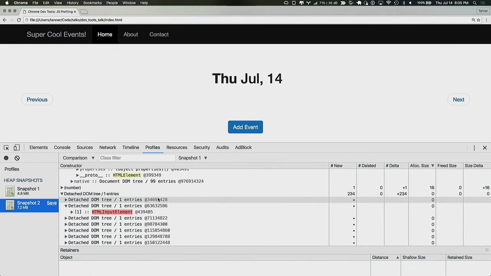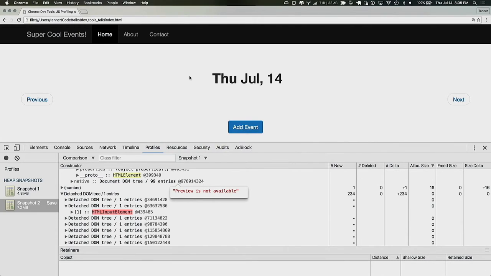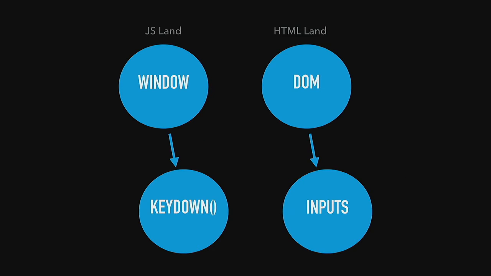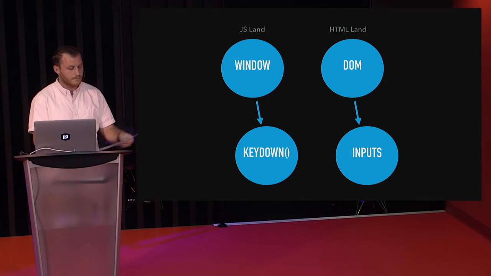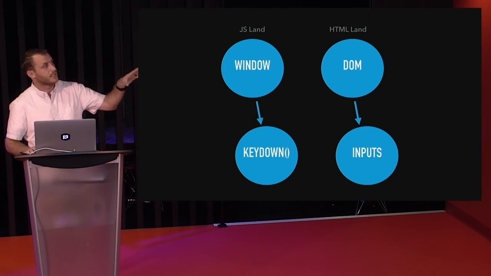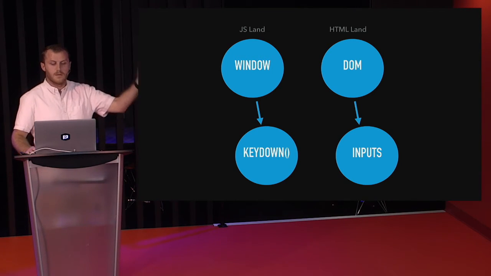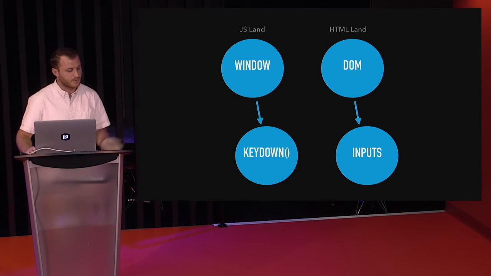That's kind of hard to visualize, so I have a little graphic to help explain this. Here we've got a very clear distinction between objects in JavaScript land and something in HTML land. We've got window with its key down event, and the DOM has some sort of inputs, right?